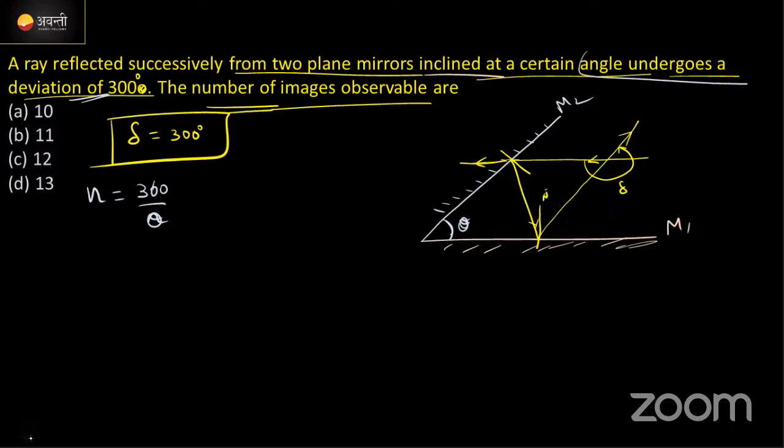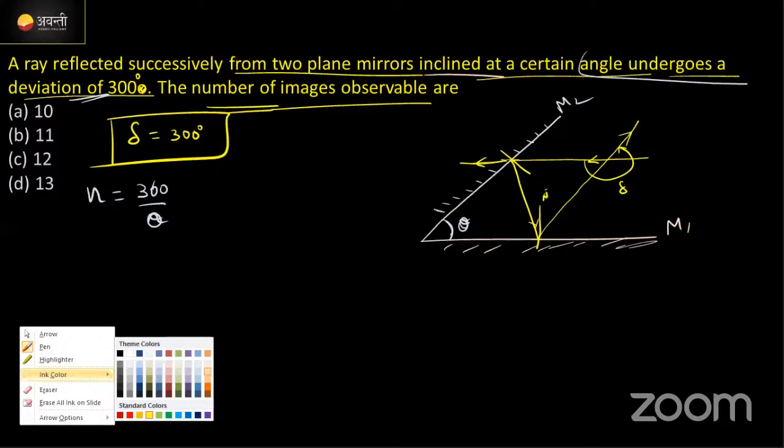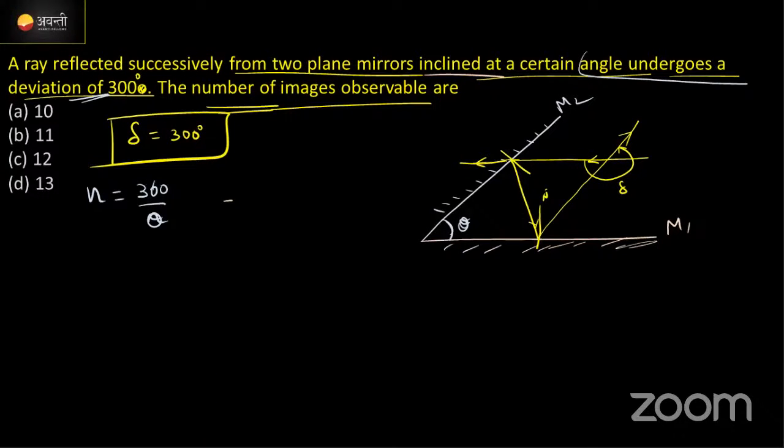For two plane mirrors, I already told you one formula to find the theta value: deviation is equal to 360 minus 2 times theta. We need to find the value of theta. They have given the deviation, so put the deviation here. 300 deviation is given. What is on the right hand side? 360 minus 2 times theta.